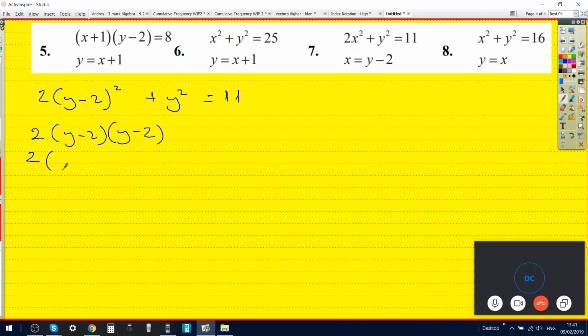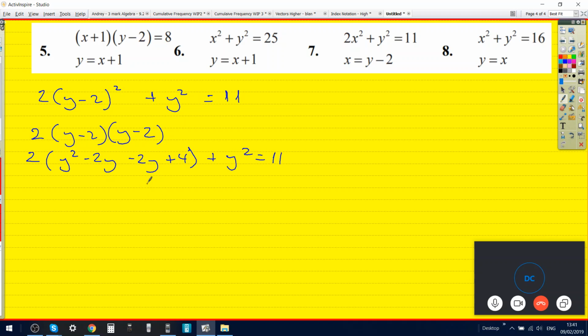Okay, you'd get y squared minus 2y, minus 2y again, plus 4. Okay, I see where I've gone wrong. Plus, close bracket, plus y squared equals 11 still.